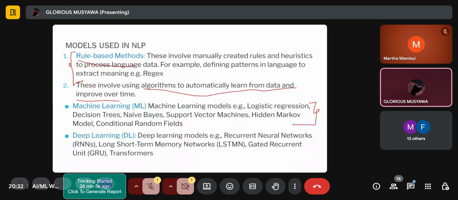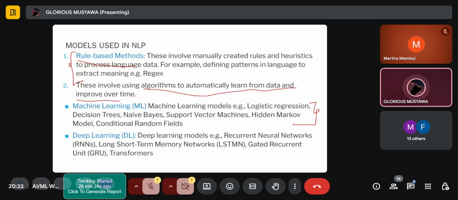But now we have deep learning. Deep learning models are the ones enabling more things like creativity and text generation. For example, ChatGPT, I think, is the best example to use in this situation.